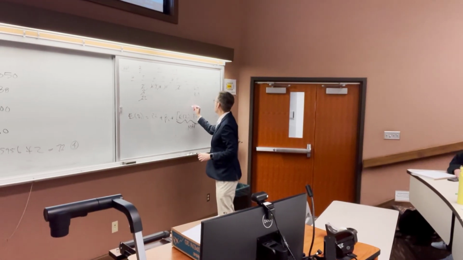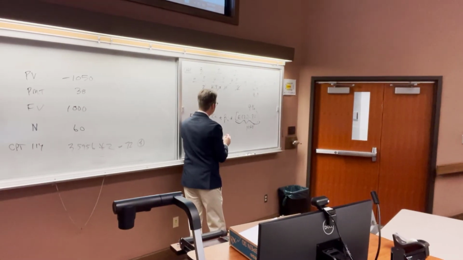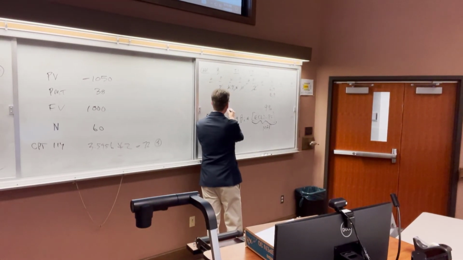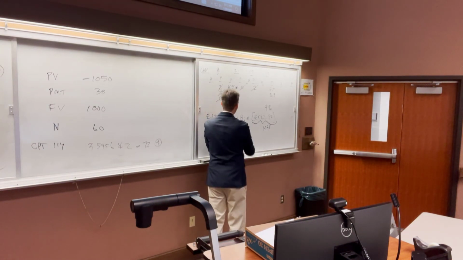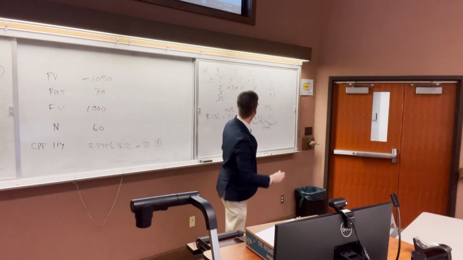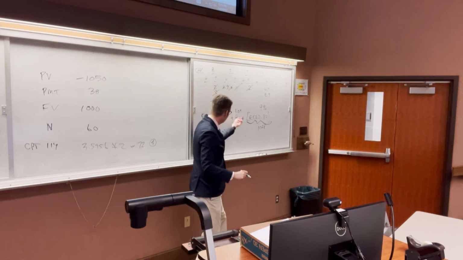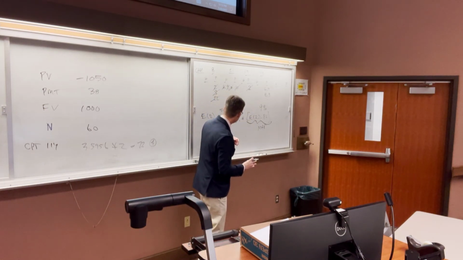9%. And then the risk-free rate is how much? 5.6. And then how much is beta? 1.09. Very good. Okay, so how would I work this? 1.09 times 9.